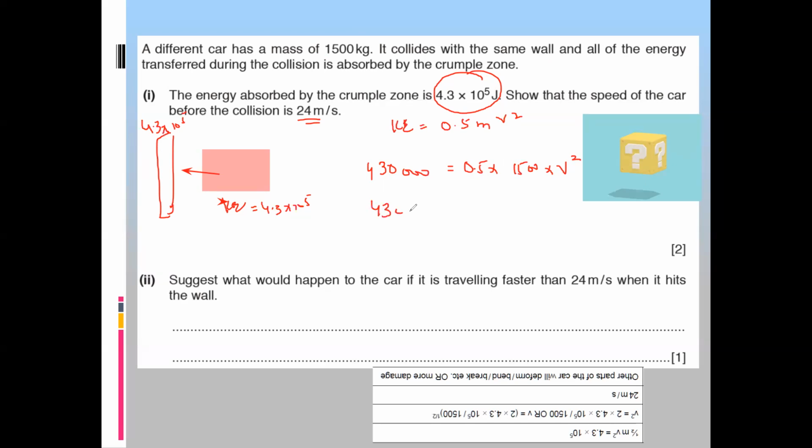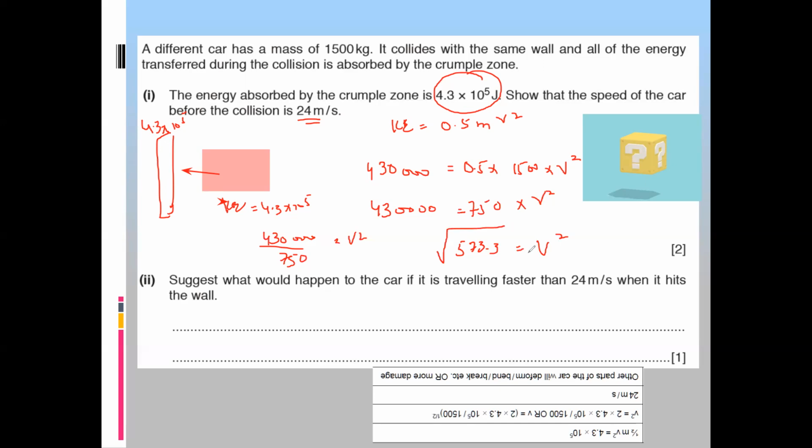So it will be 430,000 equals 750 into v square. 750 is multiplied, on the other side it will divide. 430,000 divided by 750 is equal to 573. So basically 573.3 is equal to v square, but we don't need v square, we need v.